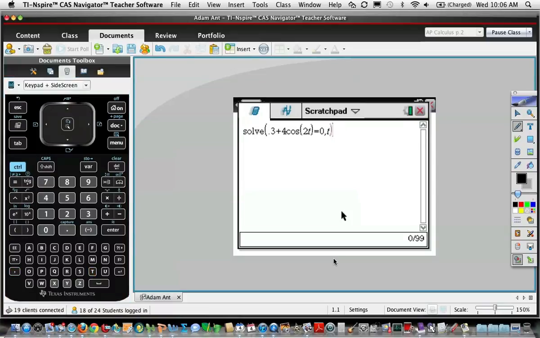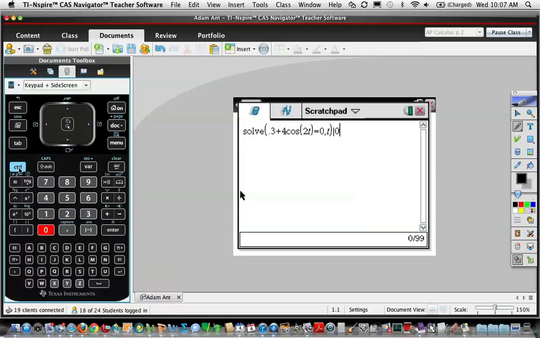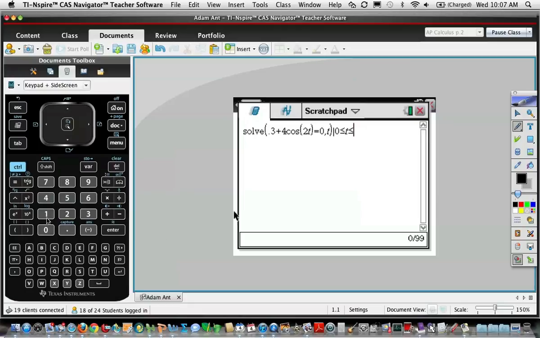Now, what else did we say when we solve a cosine equation that we probably need to do? Limit the domain. Whenever you solve a cosine or sine type equation, you better limit the domain. So we're going to go to the vertical bar, and we're going to say 0 less than or equal to t less than or equal to what?